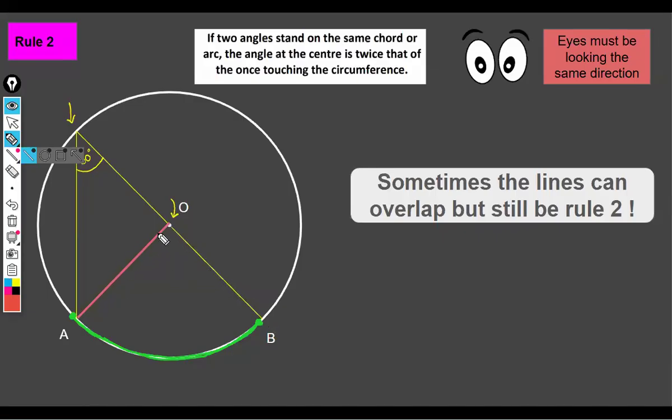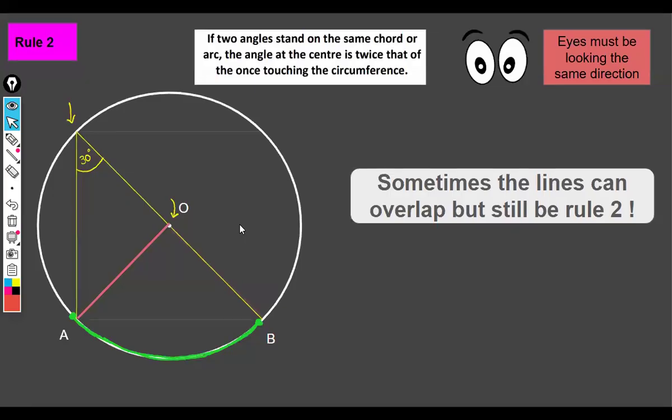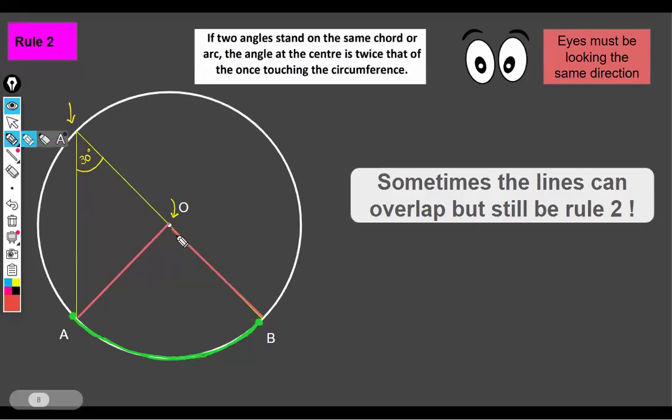So when the second red leg tries to go back to B, won't it overlap the yellow leg? Look at it. The red just went over the yellow. The yellow is there now, it's just behind the red, so you can't really see it.